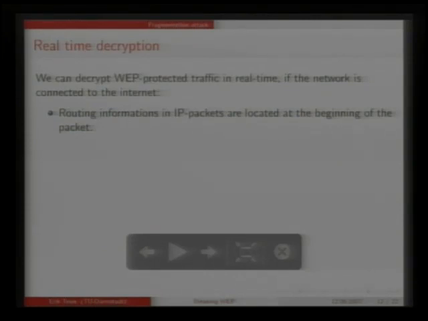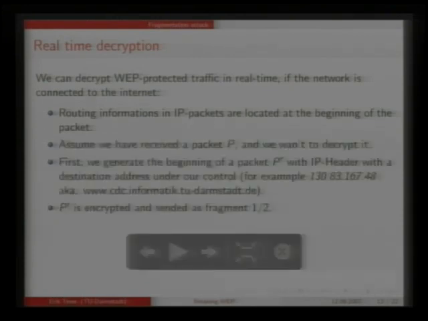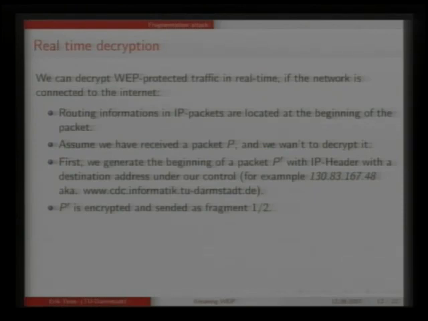The next attack you can do with that is you can do real-time decryption. After you have discovered a large key stream, you can generate arbitrary packets. And in IP packets, the routing information is only located at the beginning of the packet, the IP header, and it's routed according to the destination address. So what we can do is we can generate the first part of a packet and put some routing information in there, which means that the packet should be routed to us, for example, to our web server.